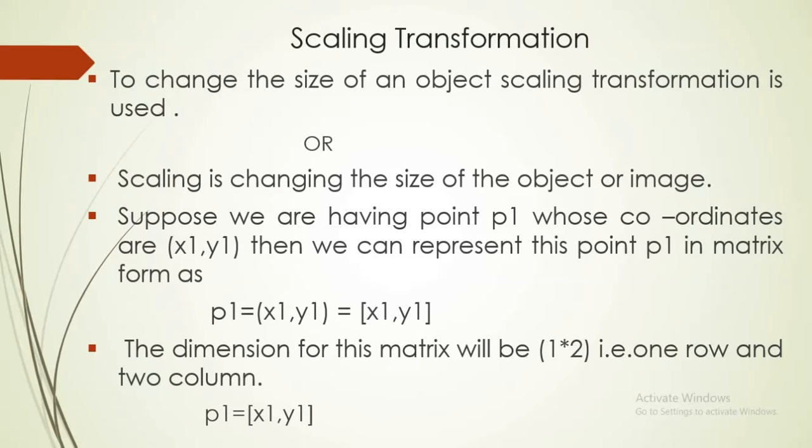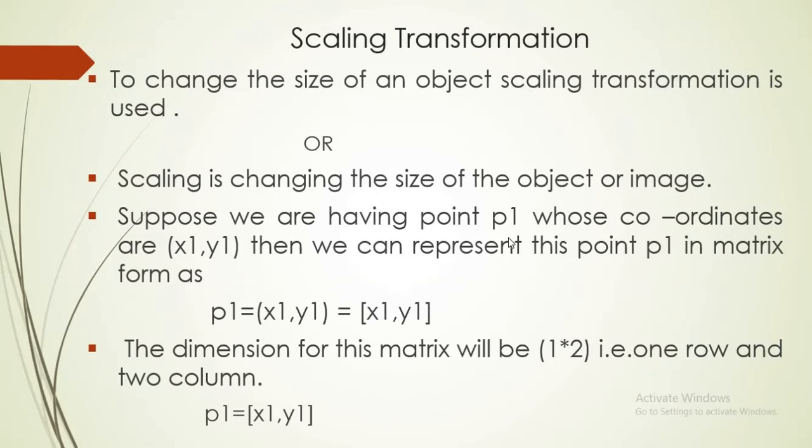Here are some formulas of scaling transformation. Based on these formulas, we can change the size of our object or image. Suppose we have a point P1 whose coordinates are x1 and y1.